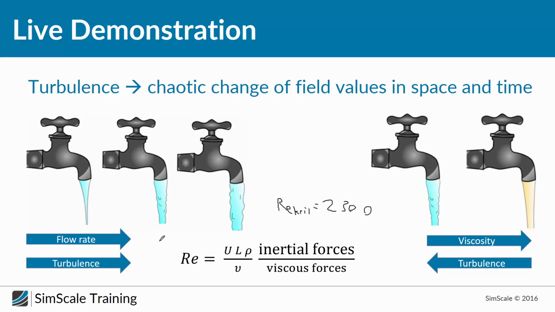We are increasing the Reynolds number by increasing the flow rate. That's the reason the flow becomes turbulent here, because the ratio of inertial forces to viscous forces changed in a way that it's higher than 2300. And here it is the same: we have a constant flow rate, but we change viscosity. Because viscosity is increasing, the Reynolds number is dropping, and the flow becomes laminar again.